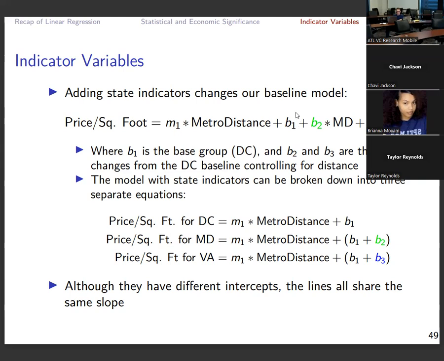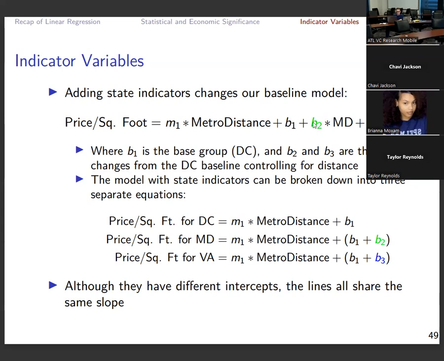In this particular case, we're letting the base group be DC, and so this coefficient here, B1, isn't associated with any group. Notice I'm not multiplying it by DC's dummy variable. It's just sitting there by itself. That coefficient B1 is going to be the intercept term for those properties in the DC area. The coefficient B2 is associated with the properties in Maryland, and the coefficient B3 is associated with those in Virginia.